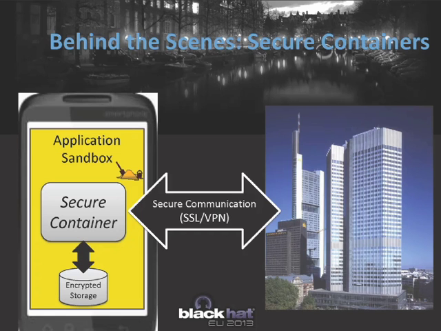And the second is that they have their own secure storage within the environment of that application. So all the information that is pulled from the perimeter to the mobile device is encrypted to the storage. But the really important part in this slide is the yellow part, which is the application sandbox.